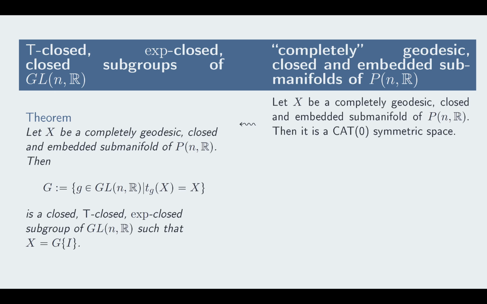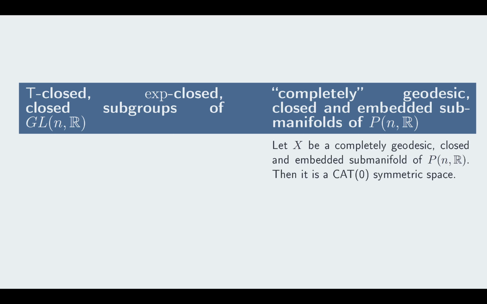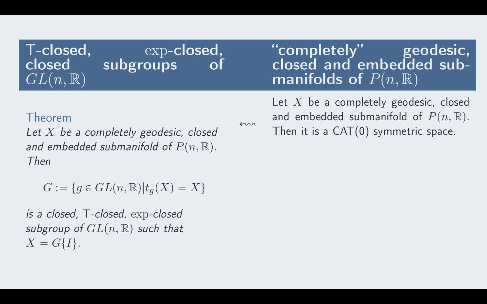It will also be a closed subgroup such that the orbit is precisely this X. So there is a one-to-one correspondence in some sense. But there might be subgroups smaller than G which also have the same orbit. So this is not exactly giving you the same group back, but there is a one-to-one correspondence if you take the largest of all of them.